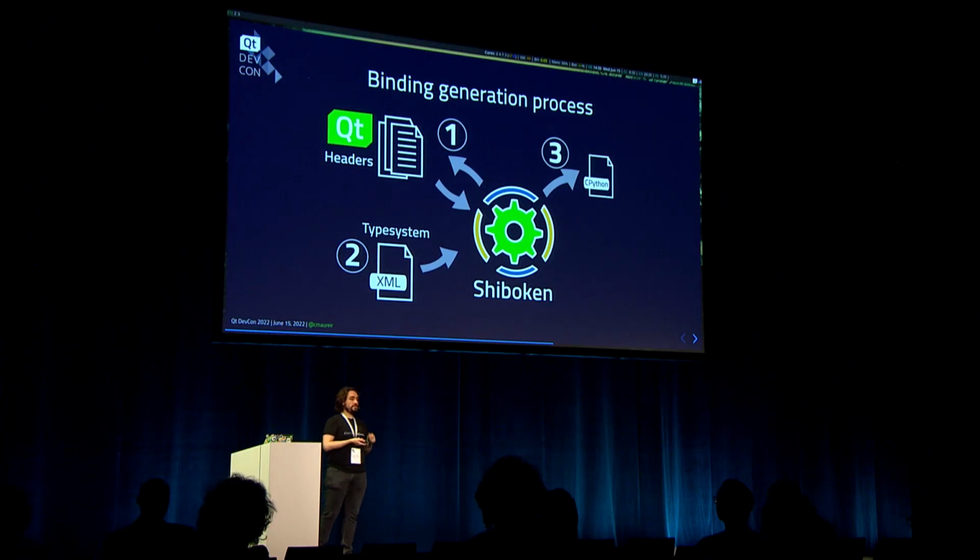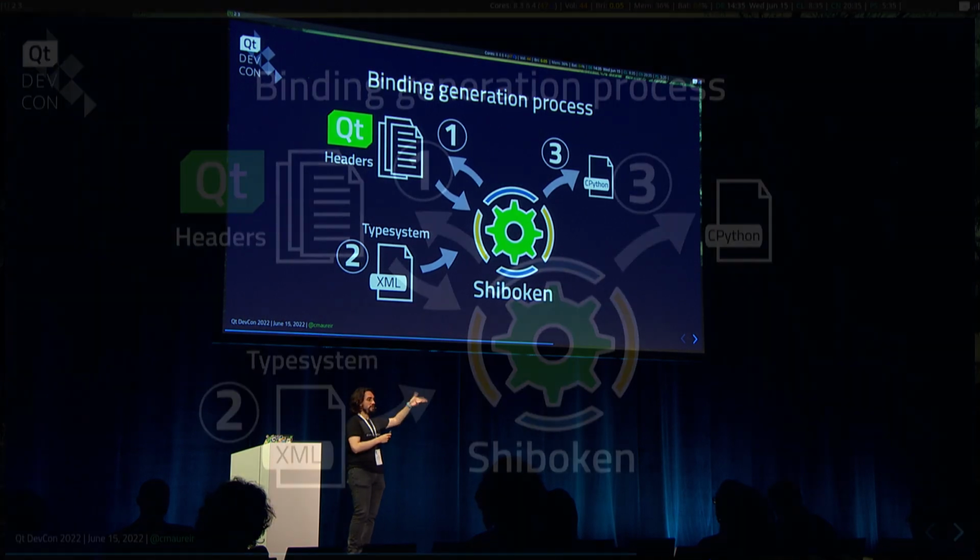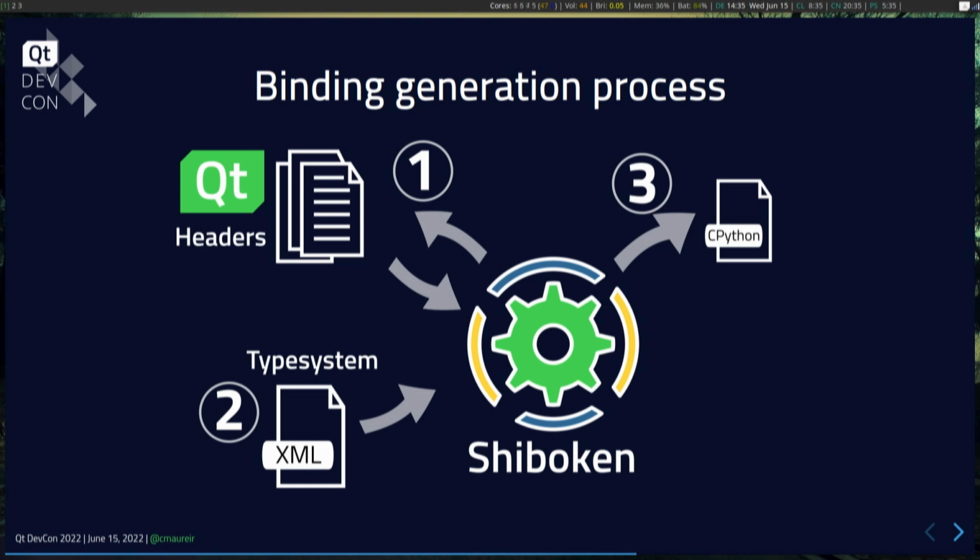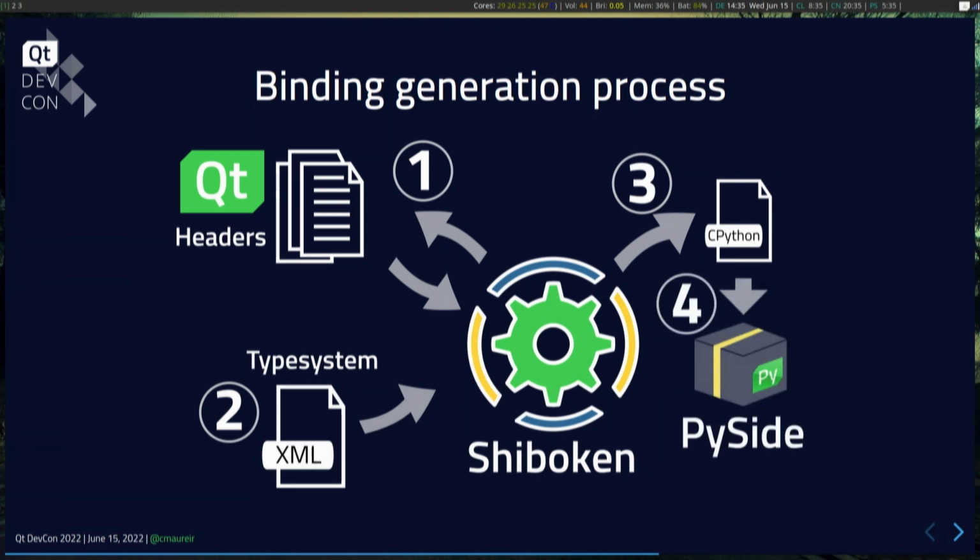But after you get used to it, it comes kind of natural. So you get these type systems. Then you are aware of all the modifications that you need to do. And then you generate this wrapper code, which is the thing that I was mentioning before, large C++ code that in the middle calls some Qt API, but needs to deal with the whole transformation between Python types and C++ types. Then we compile that code, and since we know how to use the C API to create a Python module, we create PySide.